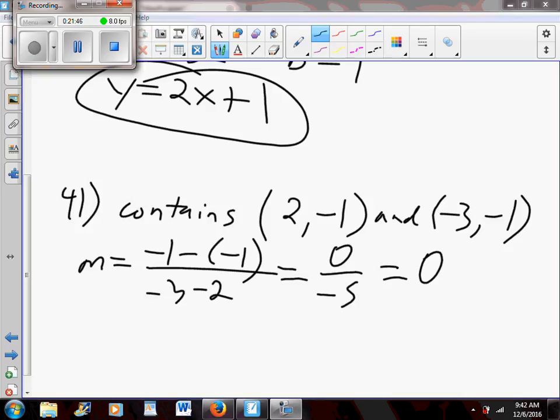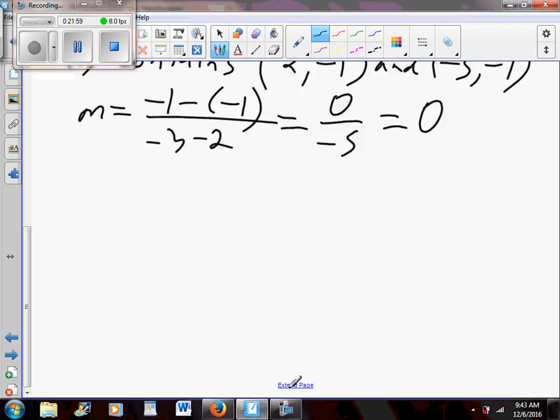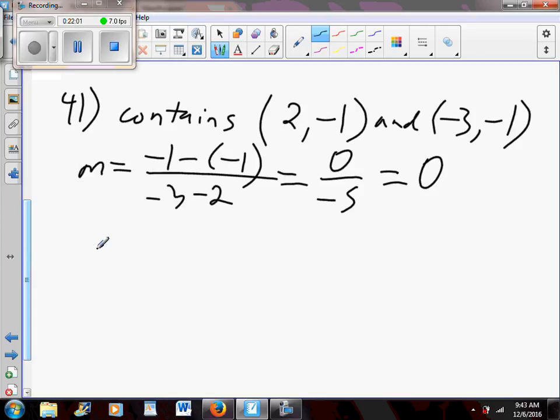So if the line is horizontal, do you remember how we would format the answer? What is it? Any line that's horizontal, remember this. If it's horizontal, it's always going to be, right, y equals a number.